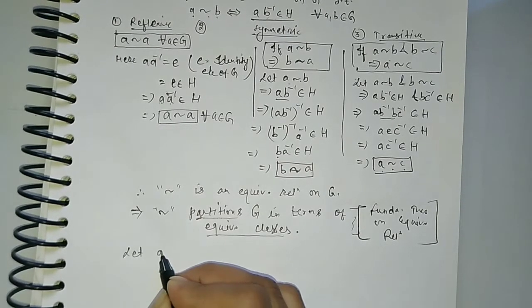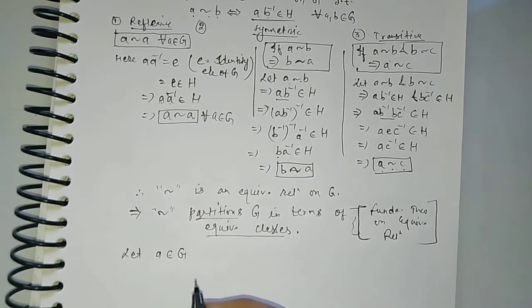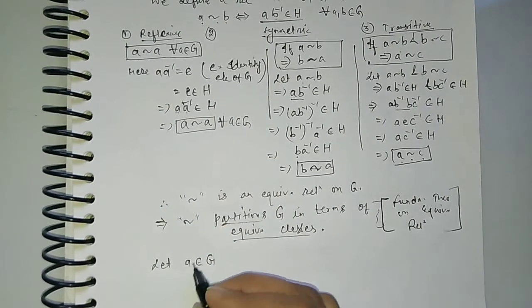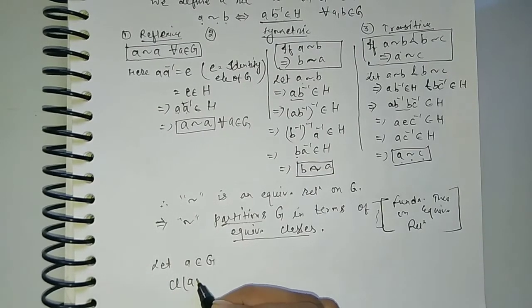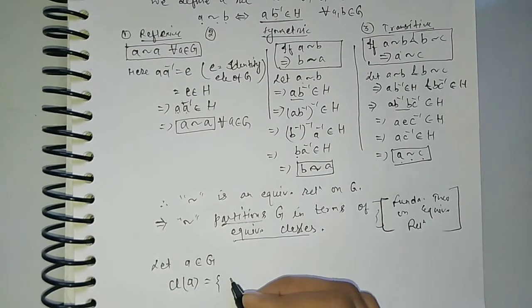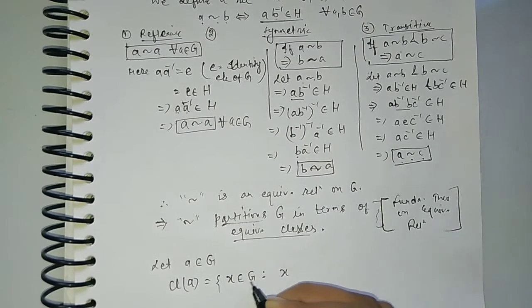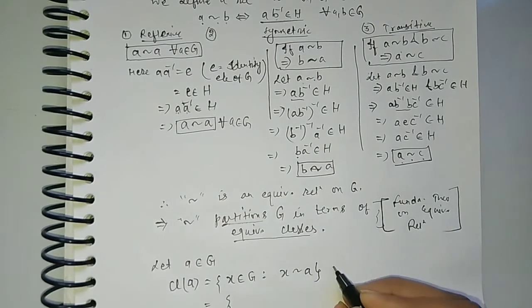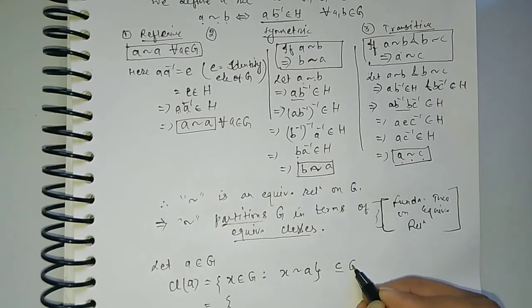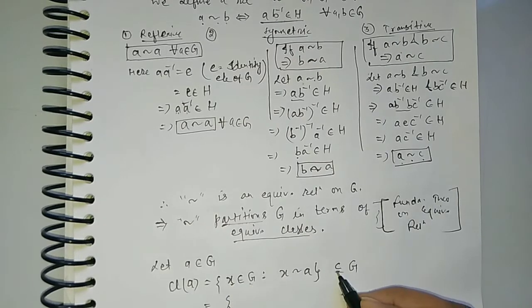For this, let A be any arbitrary element from the group G, and then the equivalence class of this element is represented by CL(A), that is class of A, and it is equal to a set containing elements X from the group G such that X is related to this element A. This is clearly a subset of group G because we have taken the elements from group G.